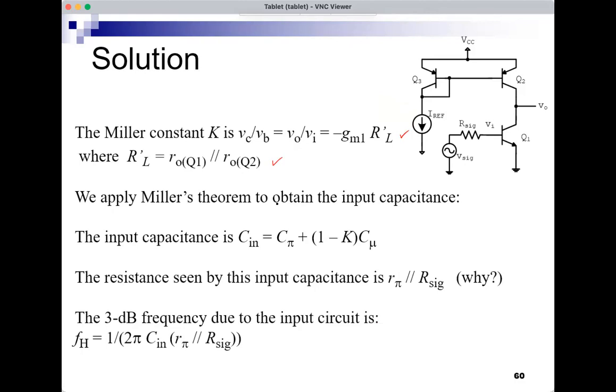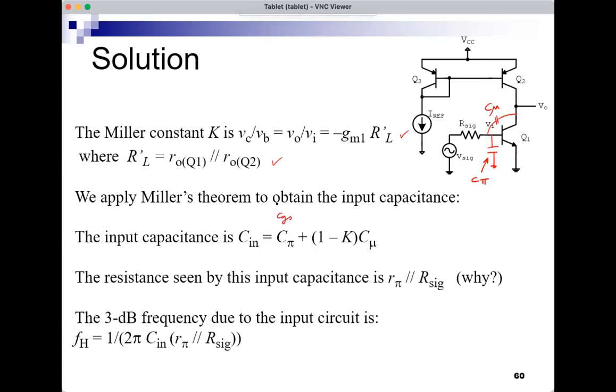Cin is CGS plus 1 plus gm1 R prime L times CGD. This is from the MOSFET analysis. And in this case, I don't have a CGS and a CGD. They're called C pi and C mu. So CGS becomes C pi.